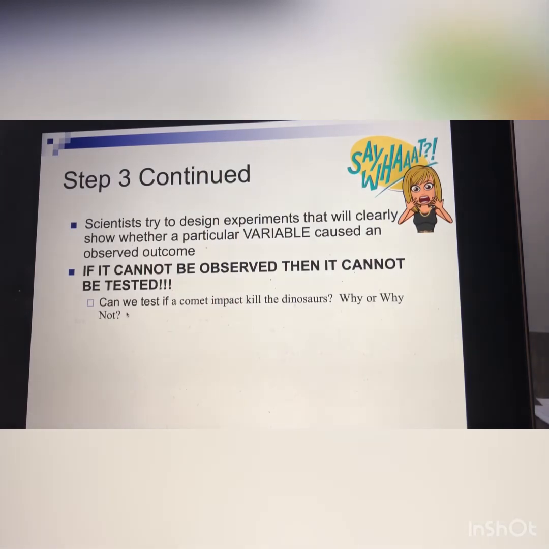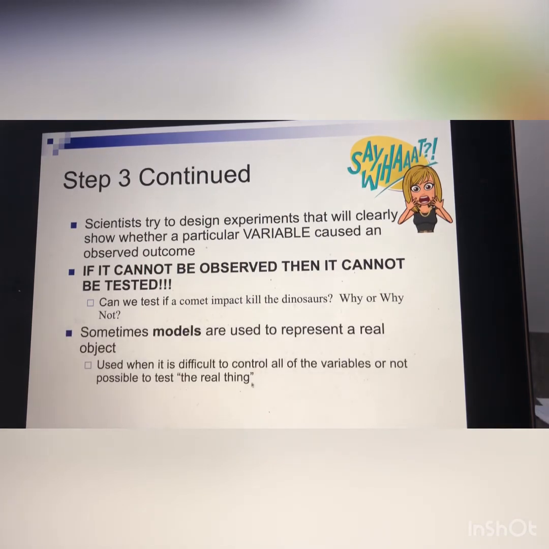So the question arises is, can we test if a comet impact killed the dinosaurs? Why or why not? Well, we couldn't test that because dinosaurs do not exist, and we can't exactly time comet impact. That's something that randomly happens. So it's something that could not be tested. However, when we did the water experiment, we could test whether the sun is hot because we're able to place the glass in the direct path of the sunlight.